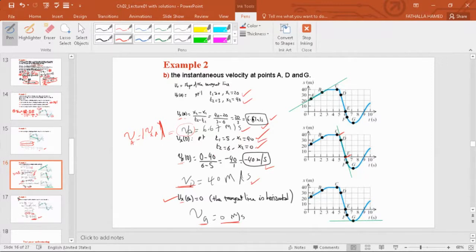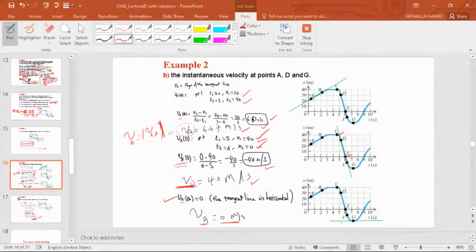At t equal to 6, my x is equal to 0. So it is 0 minus 40, because it's always x2 minus x1, divided by 6 minus 5, which is 1. So it's minus 40 over 1, which gives me minus 40 meters per second. And that's my Vx at D. But my speed, VD, is the absolute value of that. It will be 40 meters per second.